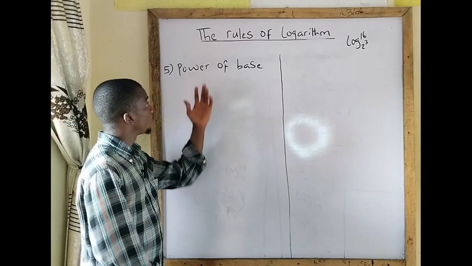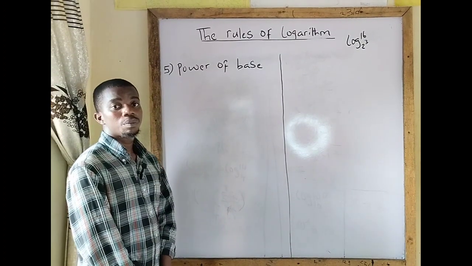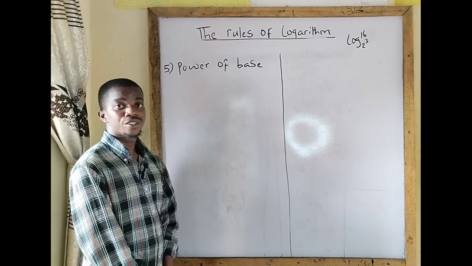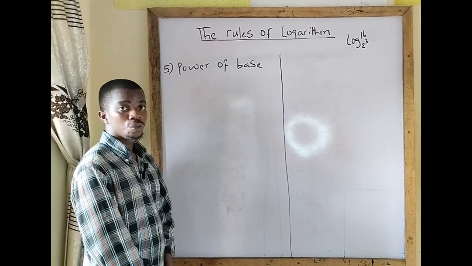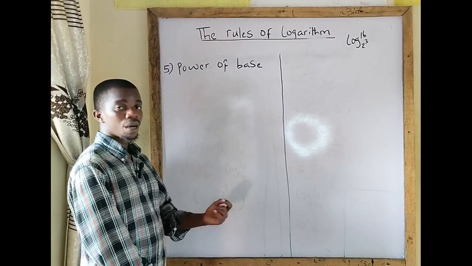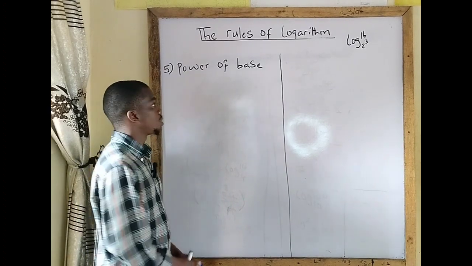All right, the next rule we are going to consider is the power of base. The power of base says that whenever you have a log whose base is raised to a power, what you do is you take the inverse of the power and multiply by the log. This is what I mean.